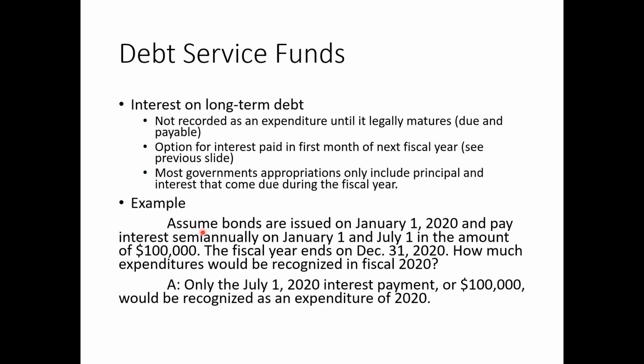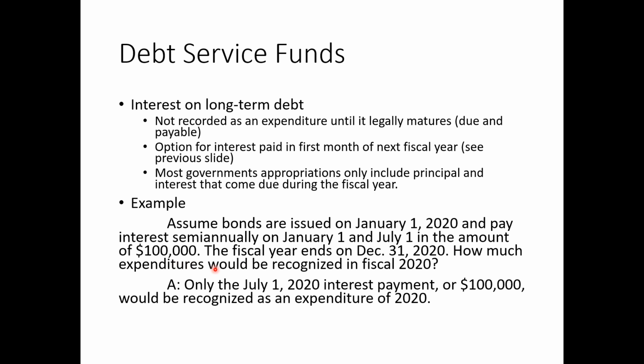Example: assume bonds are issued January 1st, 2020 and pay interest semi-annually on January 1st and July 1st in the amount of $100,000. Okay, so we pay interest twice a year. The fiscal year ends December 31st, 2020.